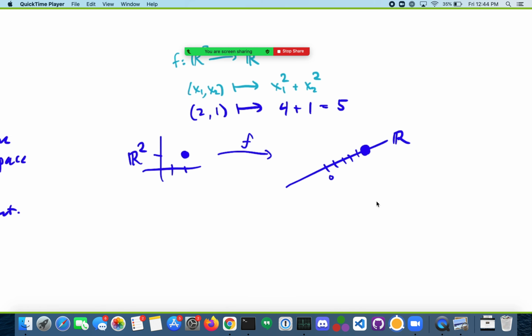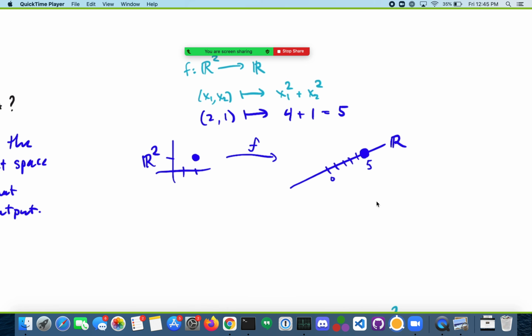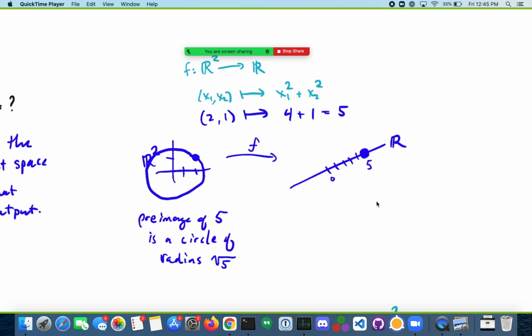So let's do the example. The preimage of the point 5 is, in this case, a circle of radius square root of 5. Okay, so you see that there are infinitely many points in the input space that all get mapped to the number 5.